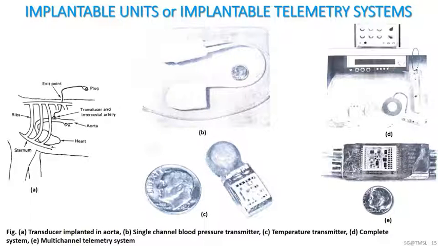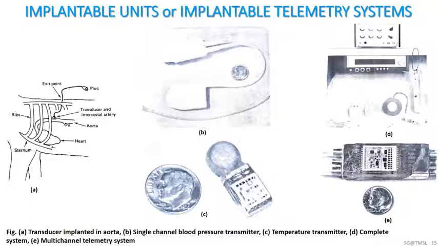intracranial pressures also. Now to implant a transducer in an artery, a longitudinal incision is made. The transducer is inserted with its housing in intimate contact with the arterial wall, and the wound is closed with interrupted sutures.